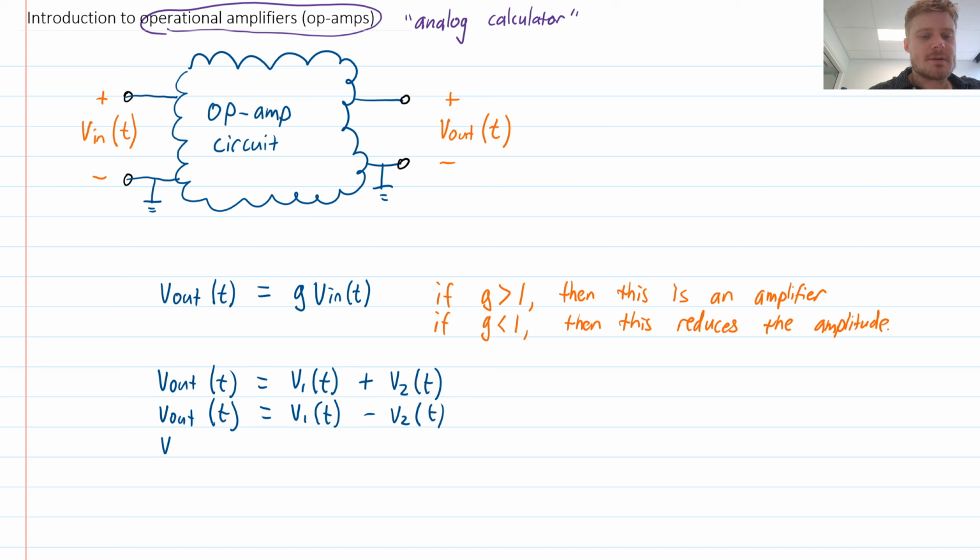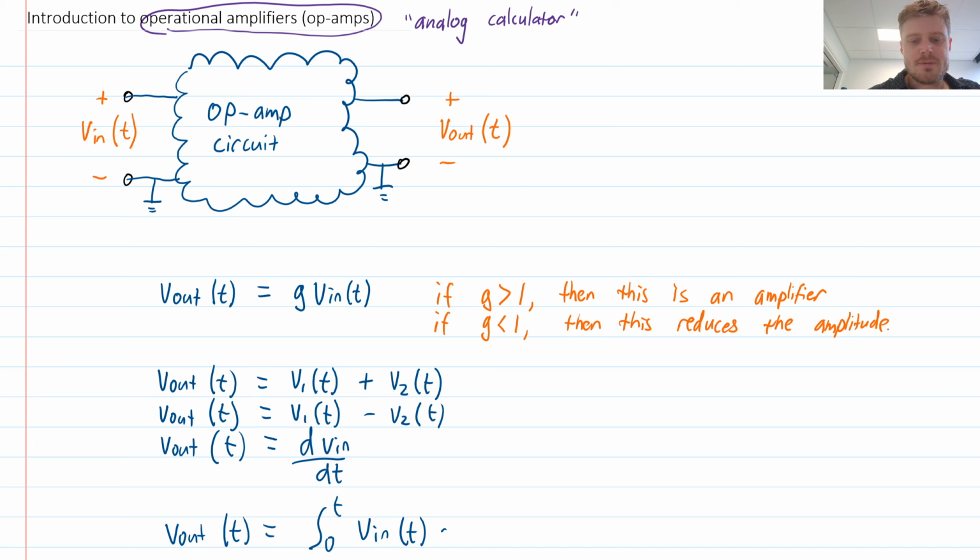You could do calculations which are a bit more advanced, like taking the derivative of the input and putting the derivative at the output. You can do integration, so the output is an integral of the input voltage over time. So there are actually many different types of mathematical operations that can be implemented using op-amps. They're really quite versatile circuits.